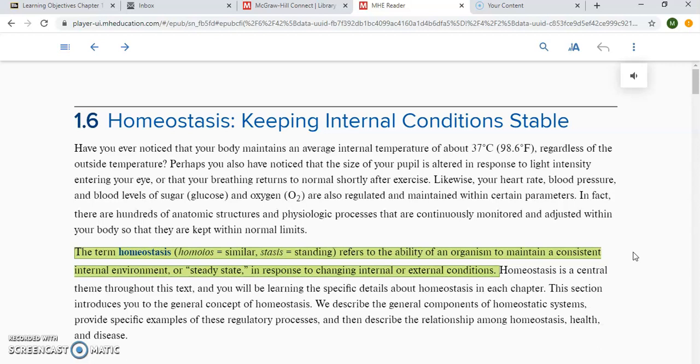A lot of times we'll refer to homeostasis as a way that our body keeps balance, equilibrium, or steady state.